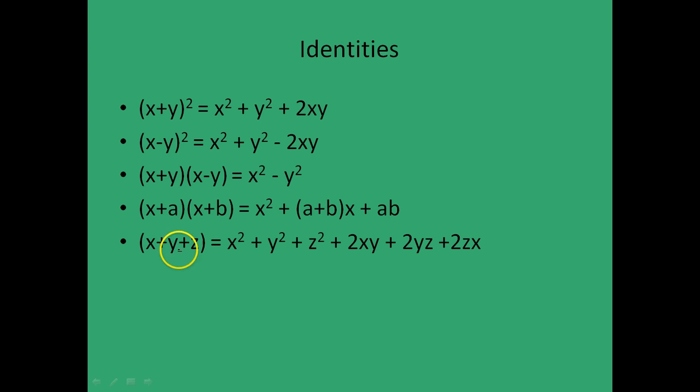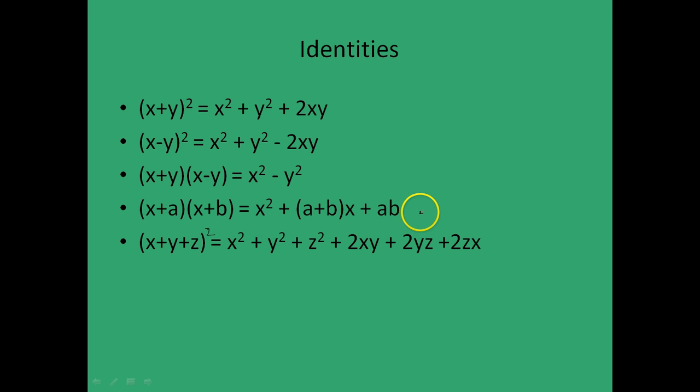And x plus y plus z whole square is equal to x square plus y square plus z square plus 2xy plus 2yz plus 2zx. Now these identities will come in very handy when you talk about, say, factorization of polynomials and other operations or manipulations that we need to do with polynomials.